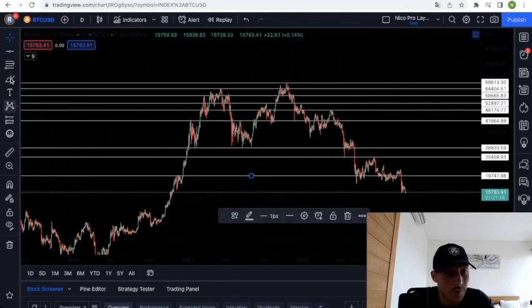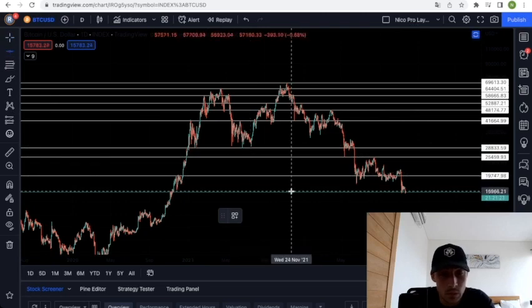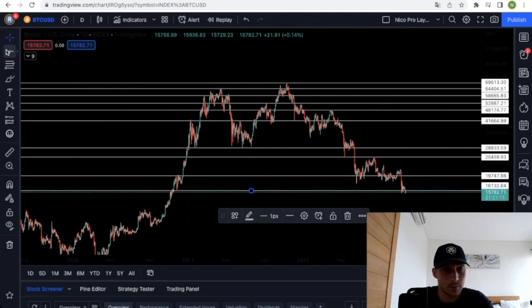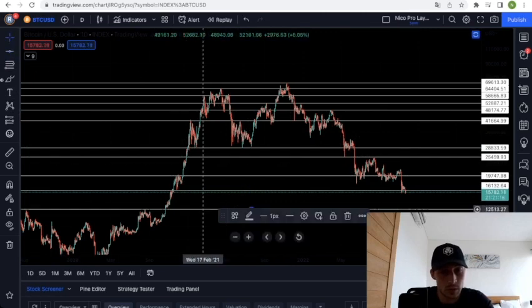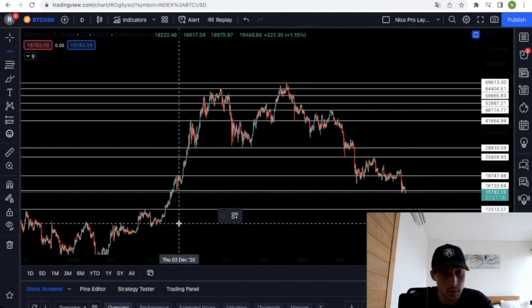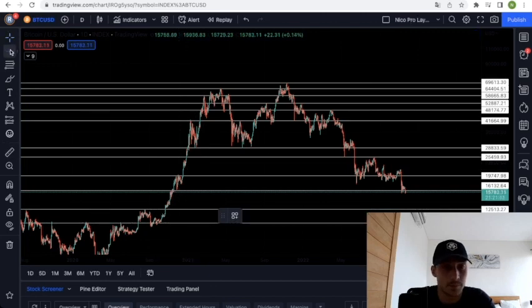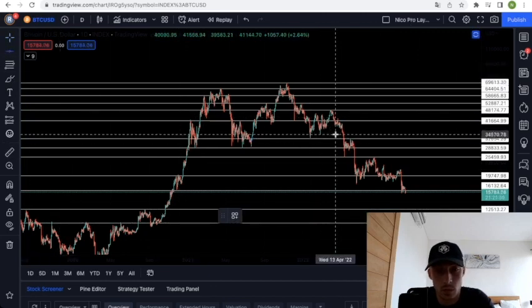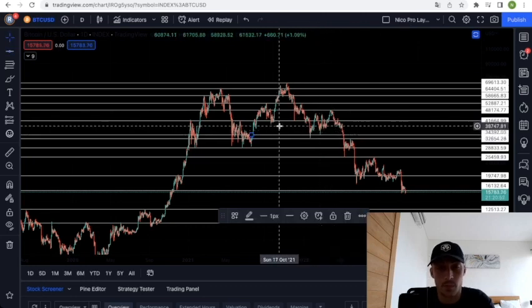Swing high, swing low, swing high, high, low, low. So on first look, this looks very promising to me.